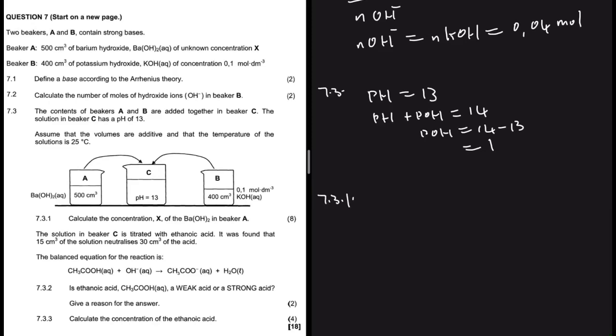7.3.1 says calculate the concentration X of the Ba(OH)2 in beaker A. So what is happening?